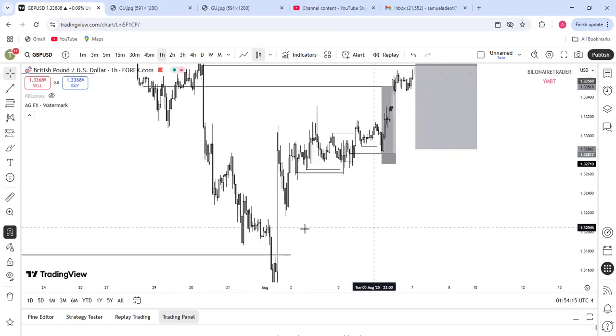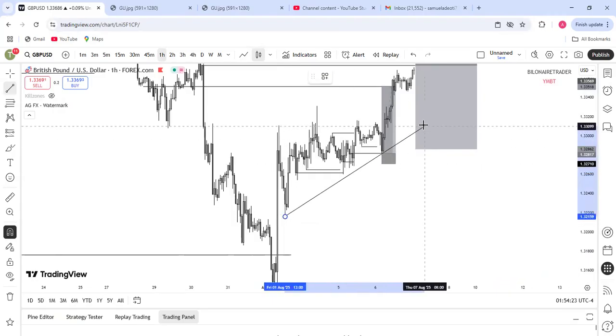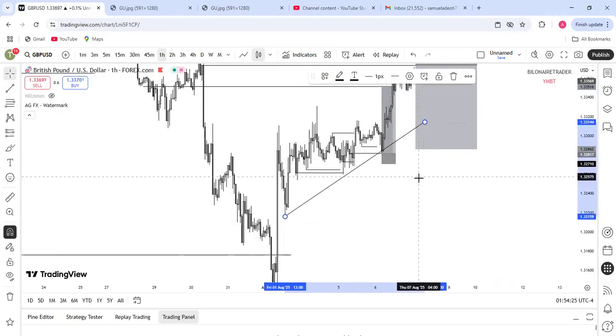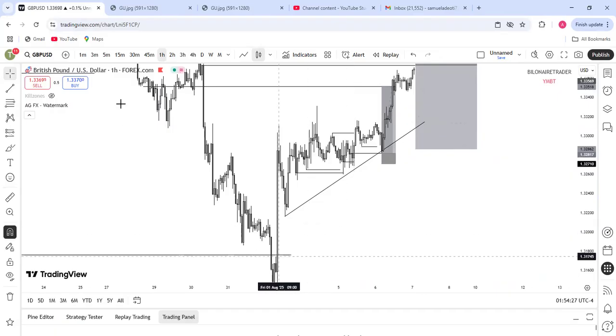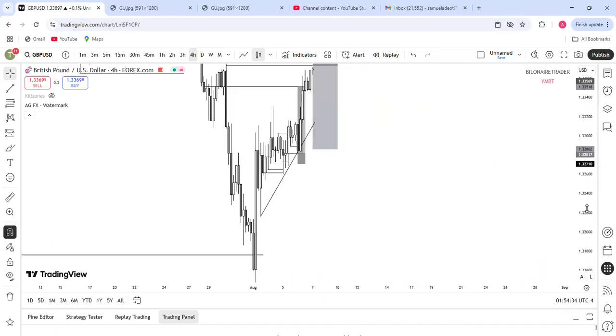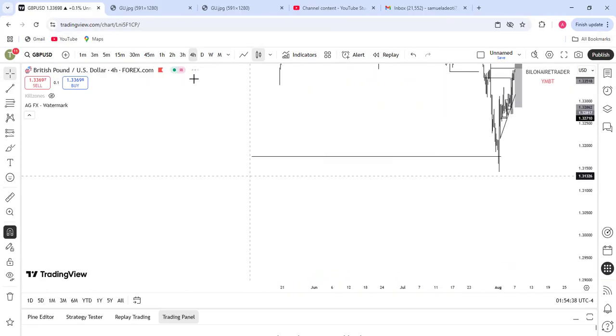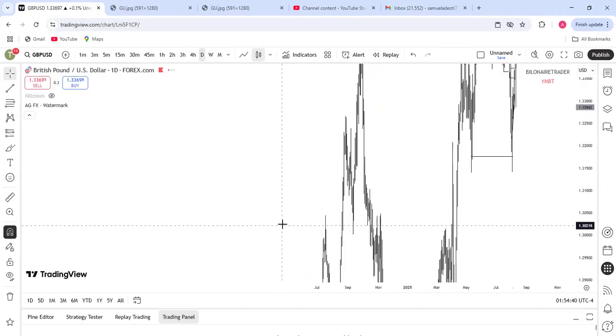Because for me, I could still see all of this as a form of liquidity that needs to go. You can see all of these here. I feel they need to go, and if that area and all these trendline liquidities would actually leave, where's my daily time frame?